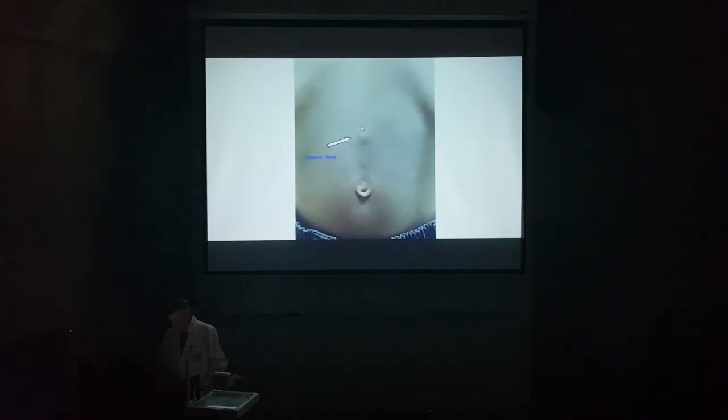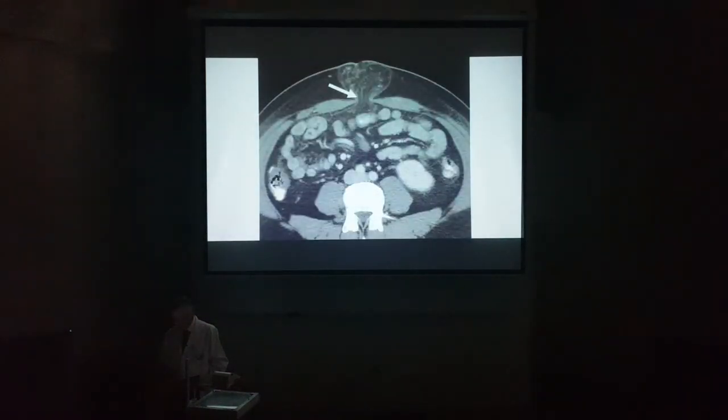There's a swelling here in the epigastric region. It's in the midline. This is called an epigastric hernia. This is a large one. It's in the linea alba. You see the anterior abdominal wall, rectus sheath, and linea alba, the midline, has holes where blood vessels go in and out.